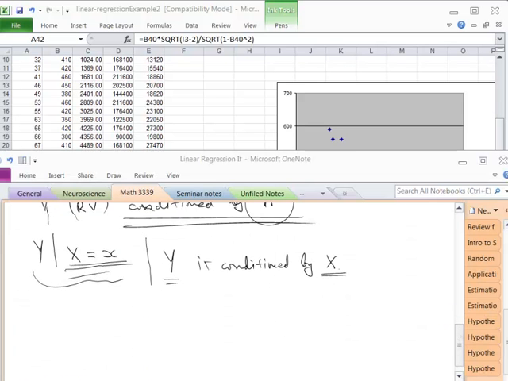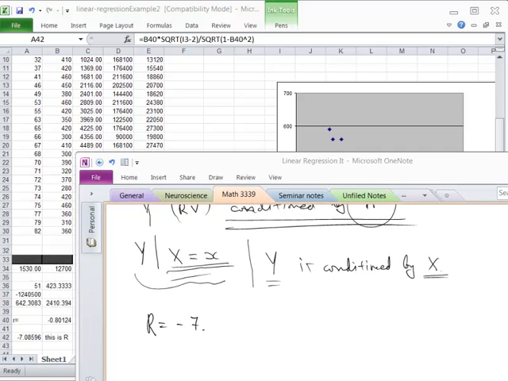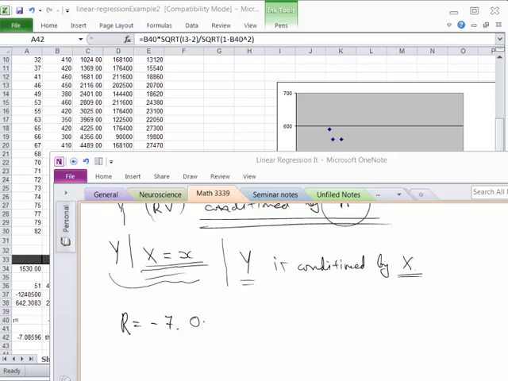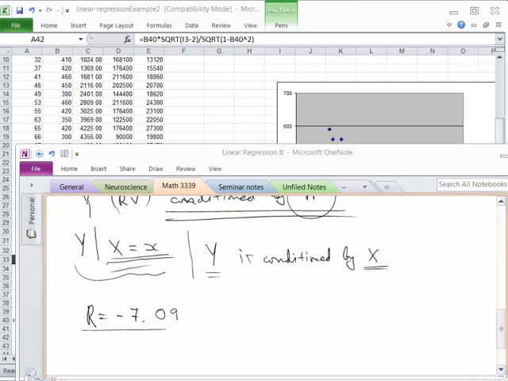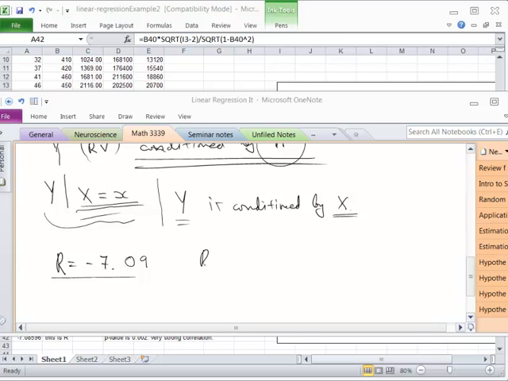So R has been found to be about negative 7 point something. Negative 7.9. Now R has a T distribution with 28 degrees of freedom.